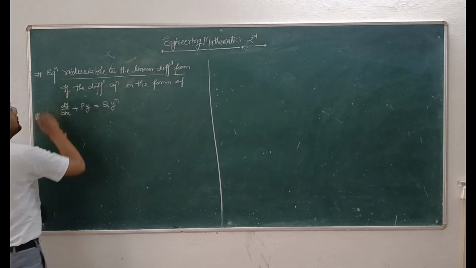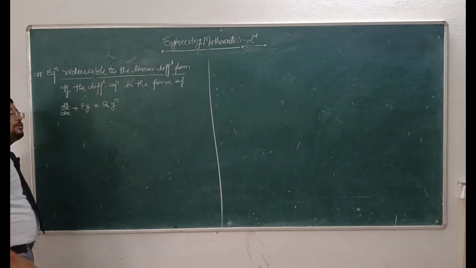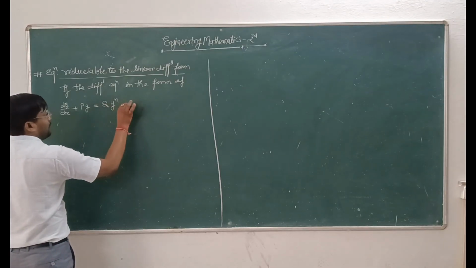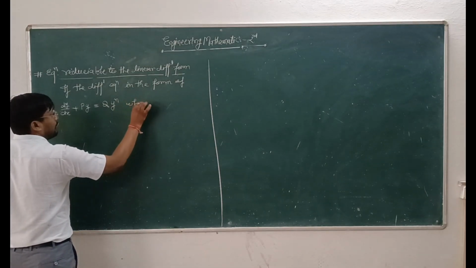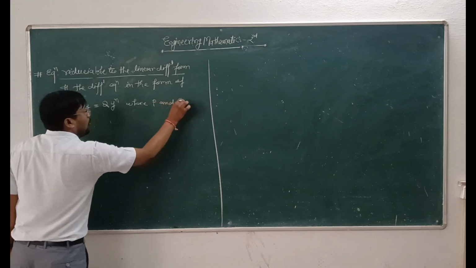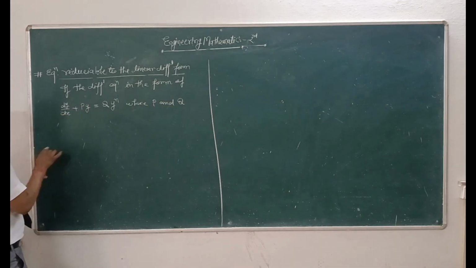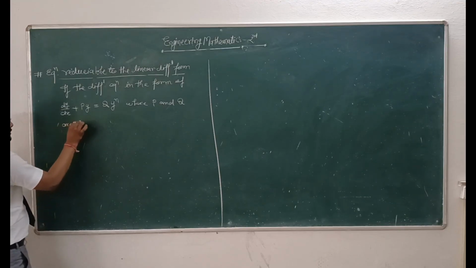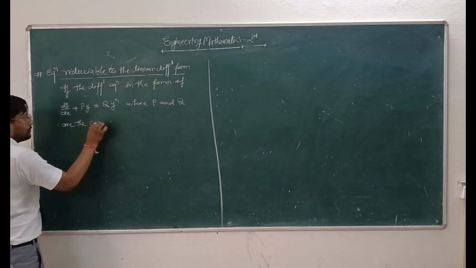It is called an equation reducible to the homogeneous form, where P and Q are only functions of x, or P and Q are constants.